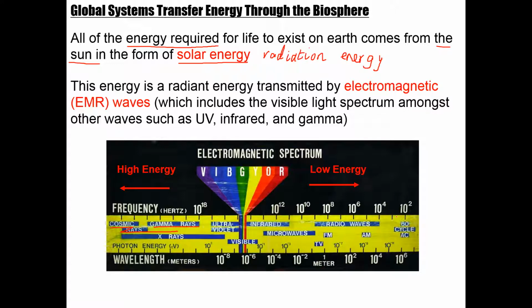They have lower frequency but longer wavelength. Those will be discussed more in Physics 20 and 30. But just remember, they travel as electromagnetic waves.